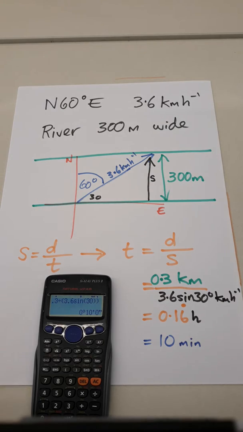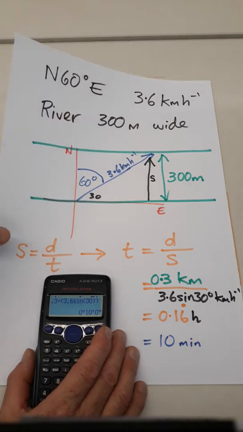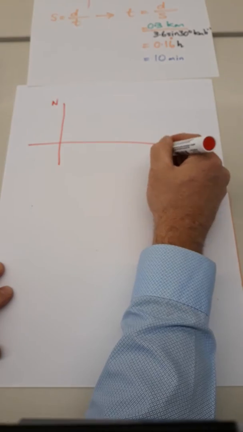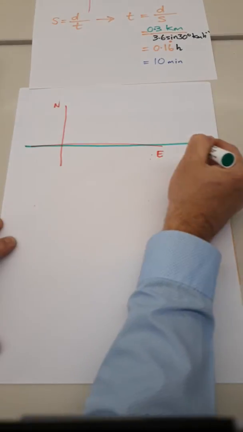But what if he encounters some sort of water flow in the river? So let's have the same situation as before, north, east, same river, 300 metres wide.